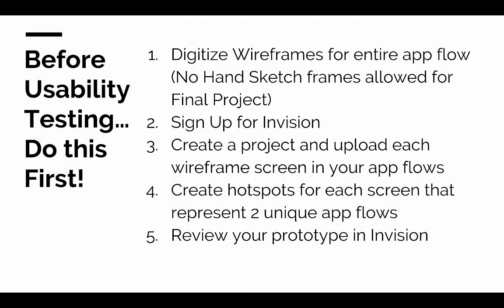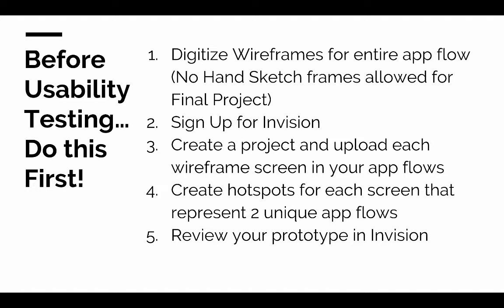I will provide a demo on how to film your usability test, but before you even start usability testing, you have to digitize your wireframes for the entire app flow. So no hand sketch wireframes are allowed for the final project and or in your Envision prototype.